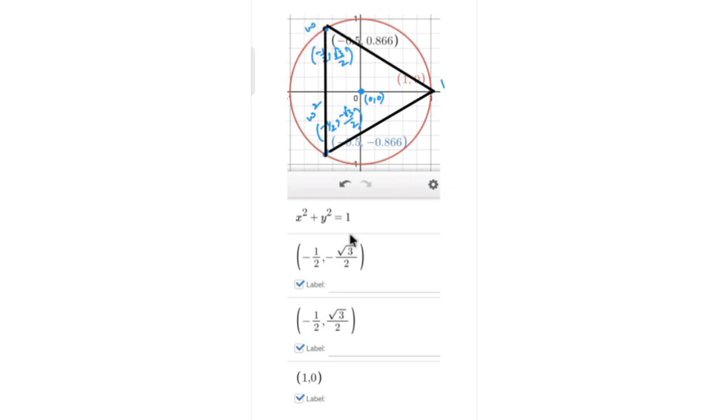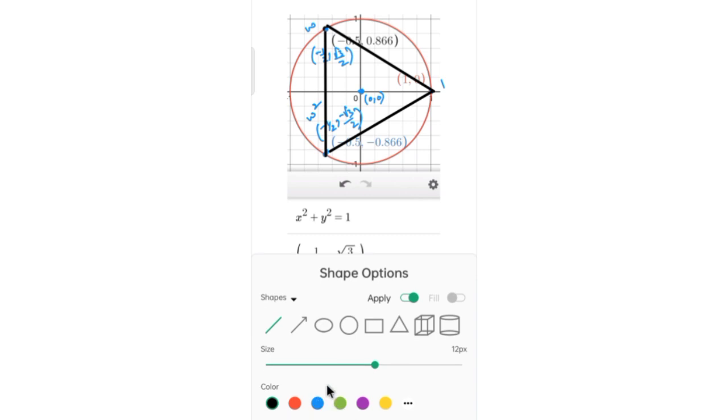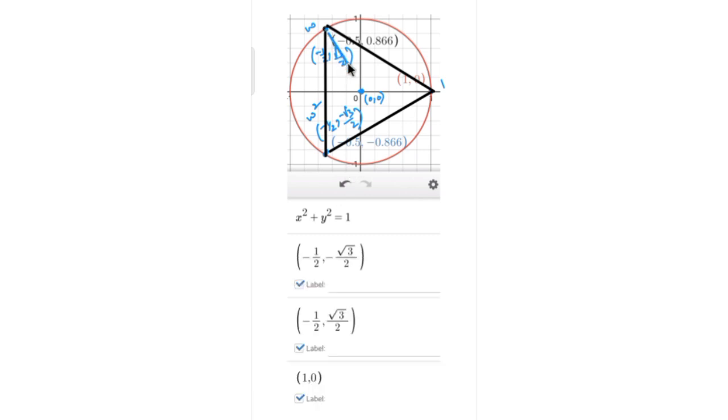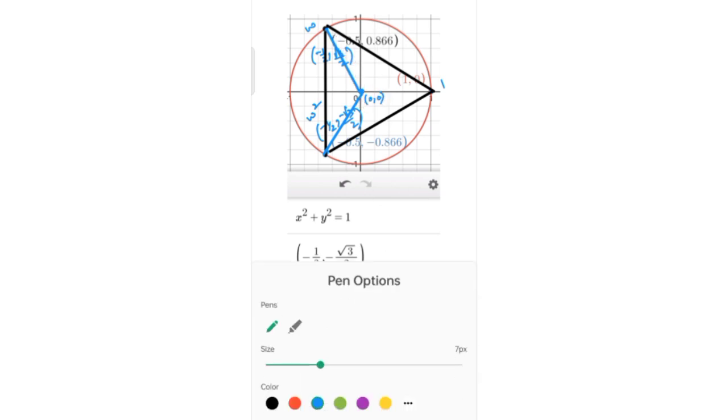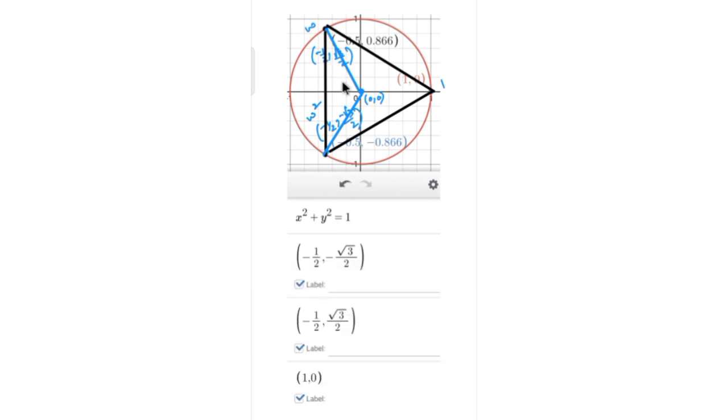Also, using the properties of circles, if I just draw the remaining lines, joining these points, we can say that this angle and this angle are all equal to 2 pi by 3.